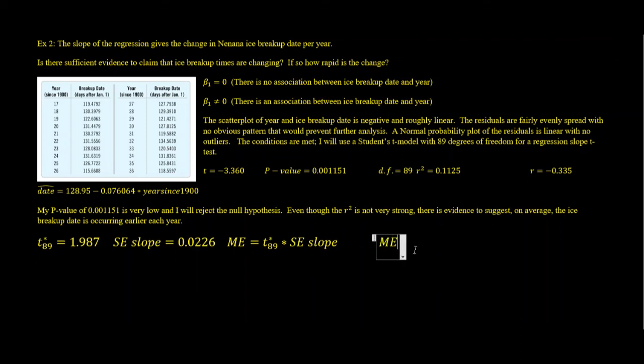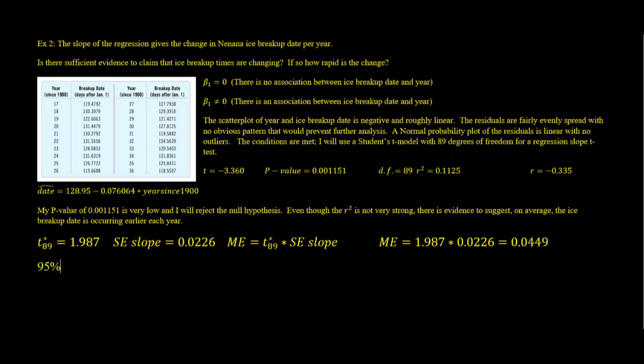So our ME equals 1.987 times 0.0226, which comes out to be 0.0449.